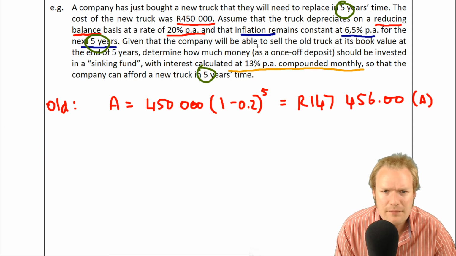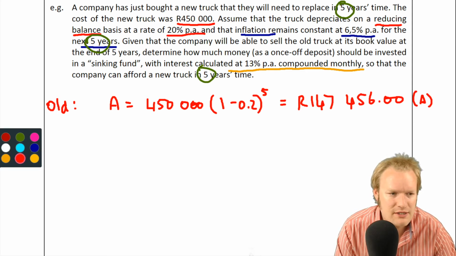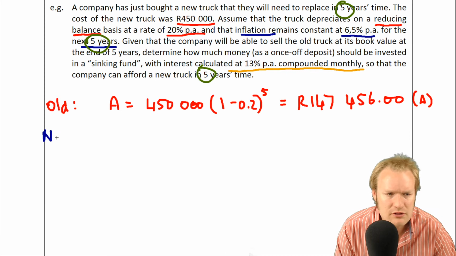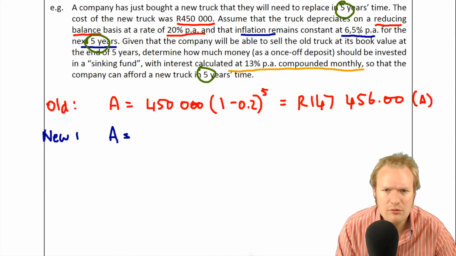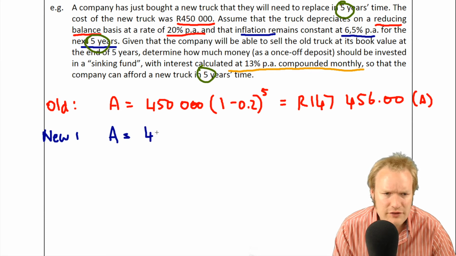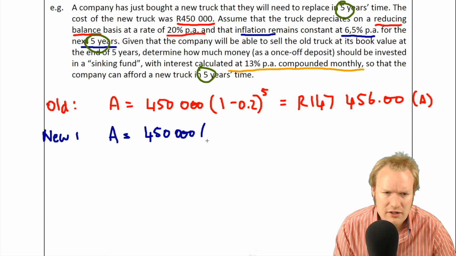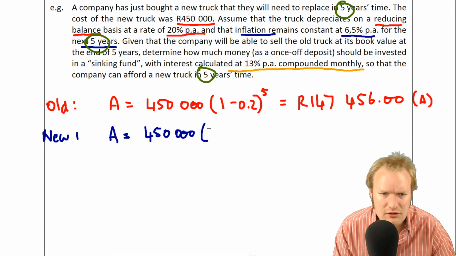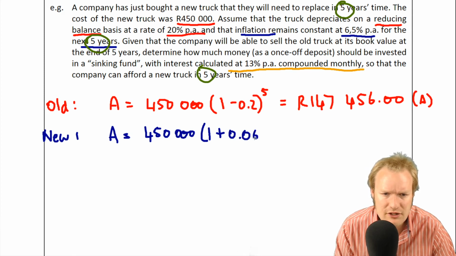Next up, the inflation rate remains, so now we can see how much a new truck would cost. Inflation, remember, is just like investing money. So this 450,000, that's how much the truck costs now. If it kept on growing, it would be 1 plus the inflation rate, 0.065, and we're doing that for 5 years.